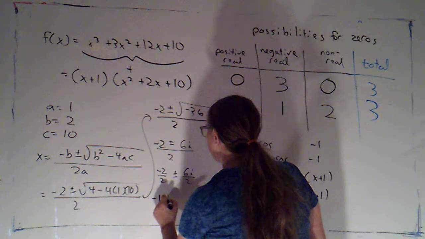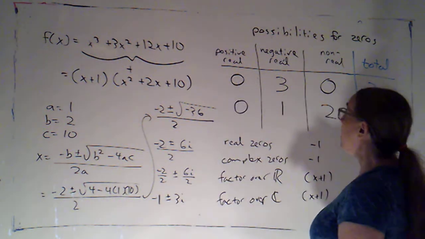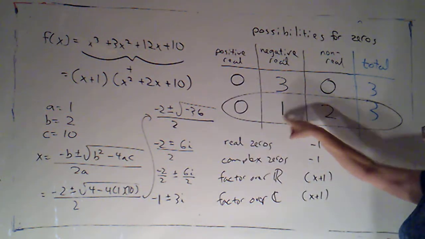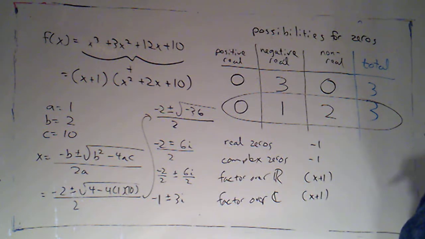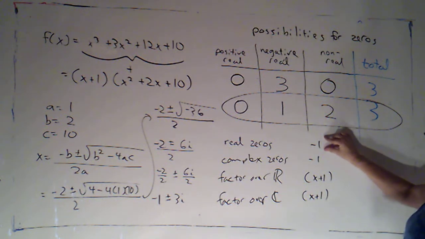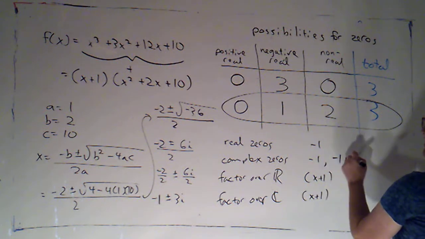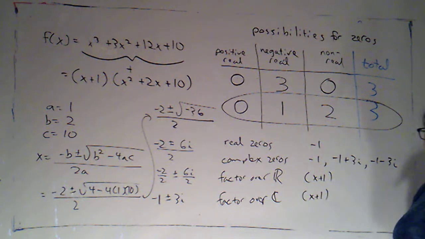Notice that's negative 1 plus or minus 3i. Okay, so it turns out this is what we had. We had one real negative and two non-real zeros. So just listing our zeros, there was only the one real zero. Complex zeros are negative 1 plus 3i, and negative 1 minus 3i.